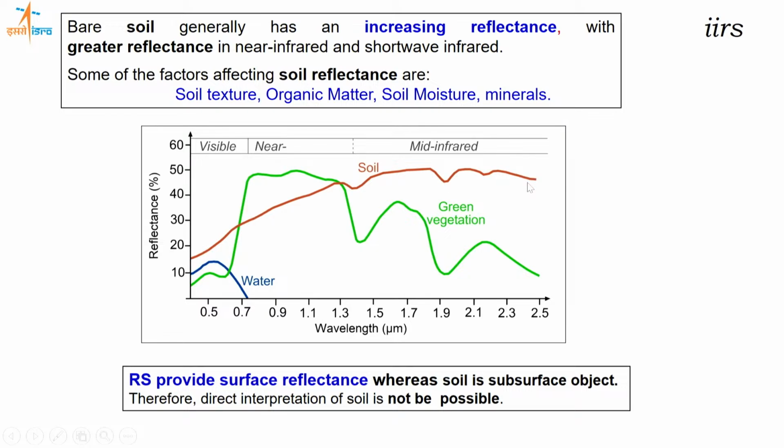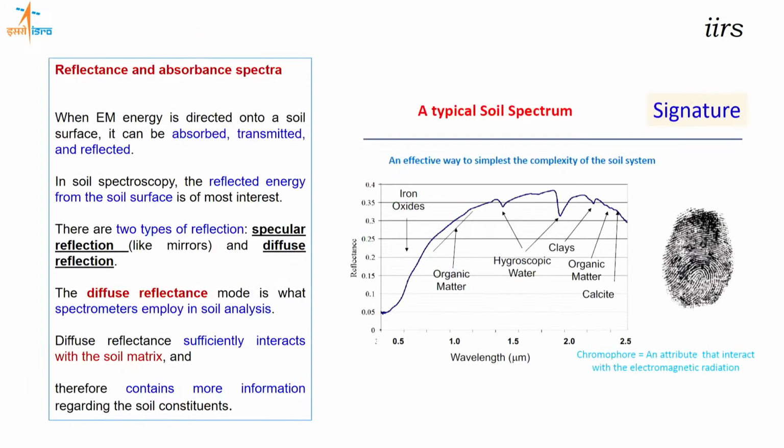So basically we study the reflectance characteristics, but I cannot get subsurface reflectance characteristics directly from the remote sensing data, because electromagnetic radiation cannot penetrate the soil. It will give only the surface reflectance. If you want to know about the subsurface characteristics, we cannot get them directly from remote sensing, but indirectly we can, and we will discuss how in the third lecture.